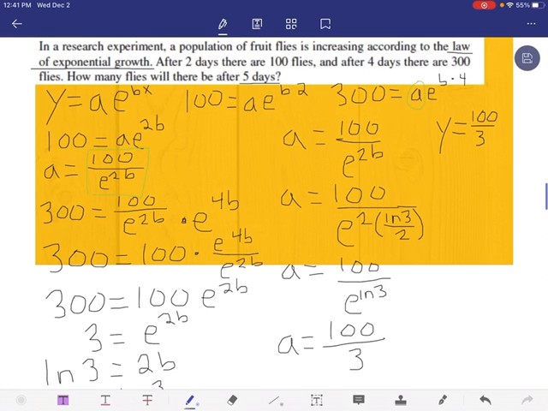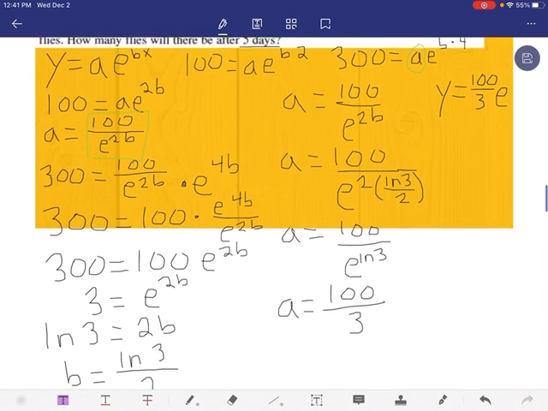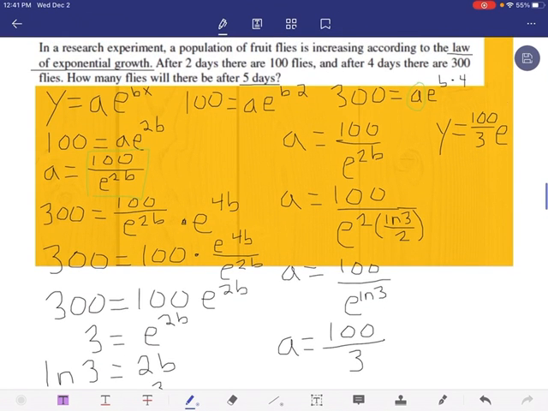So we have 100 divided by 3 times e to the natural log of 3 divided by 2 times x. So if I asked you to find an equation that represents this specific instance, that would be your answer.